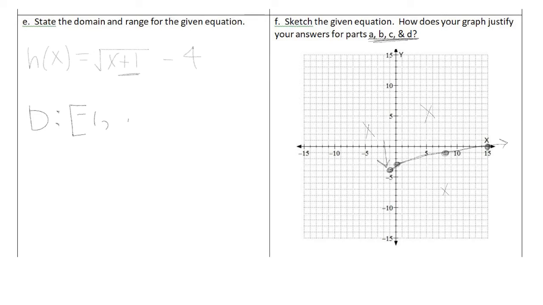Now, how far right did it go? Positive infinity. Okay, so what about the range? How far below the y-axis did my graph go? Well, it went all the way down to here, which is going to be -4. And then how far above did this go? Well, it didn't stop. So it's going to be to positive infinity.